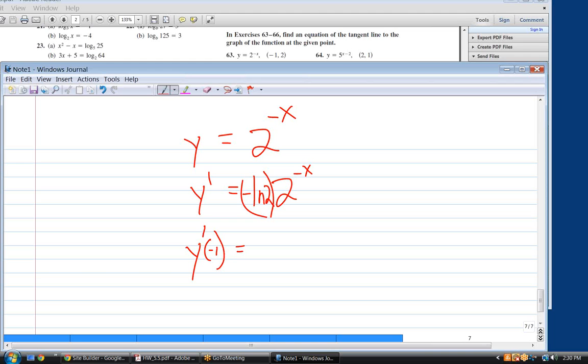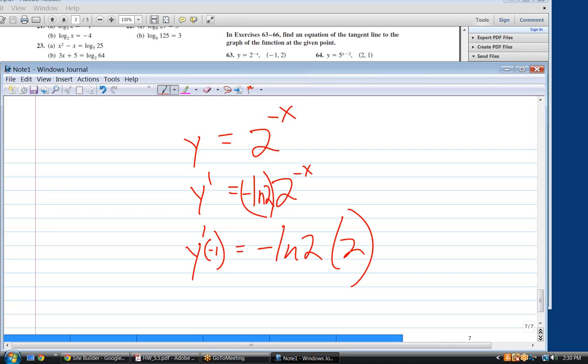whether they like this notation or not, I like it, is minus natural log of 2 all over 2 to the x. Hold it. Excuse me, it's minus natural log of 2 times 2, isn't it? So that's the answer.